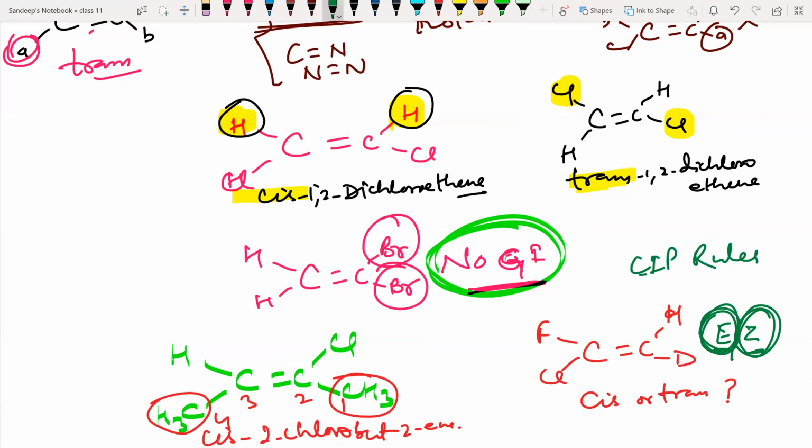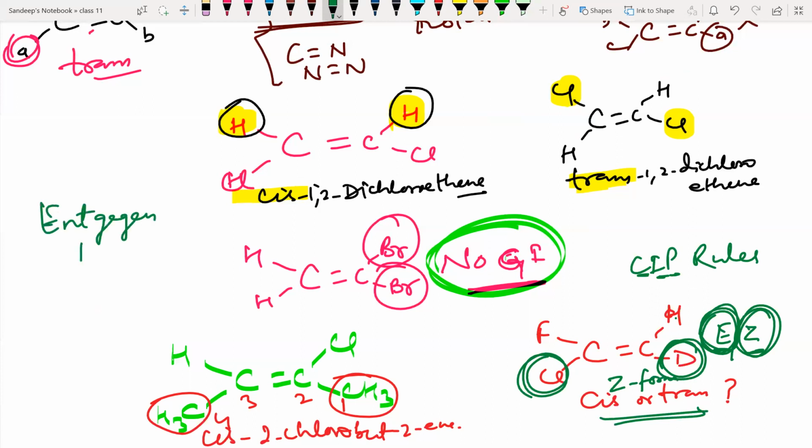Cahn, Ingold, Prelog rules. So first, for the groups attached, we see the atomic number. The group which has the higher atomic number is given more priority. In case of isotopes, we see the mass number. So deuterium mass is more. So this is on the same side, so it is called Z form. So where cis-trans fails, we take the help of Entgegen and Zusammen. Entgegen is opposite and Zusammen means together.